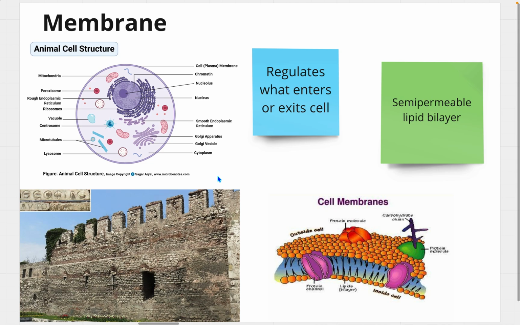The cell membrane regulates the transportation of materials entering and exiting the cells. It's basically like this wall. It surrounds the city and prevents intruders from entering or exiting. The cell membrane consists of a semi-permeable lipid bilayer.